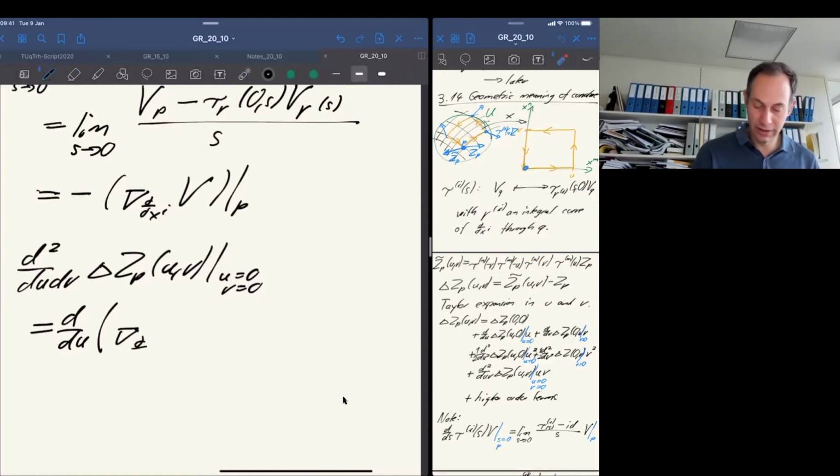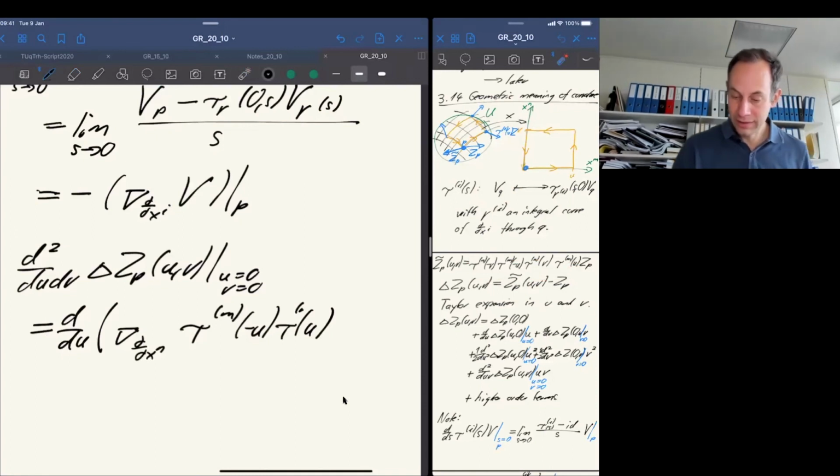So this was here the direction n of this tau. Tau went in the direction n. Then the other term is unharmed, the minus u term, and then I also have the tau u term. I didn't write this term here, tau v, because v is set equal to 0, and then this is just the identity.